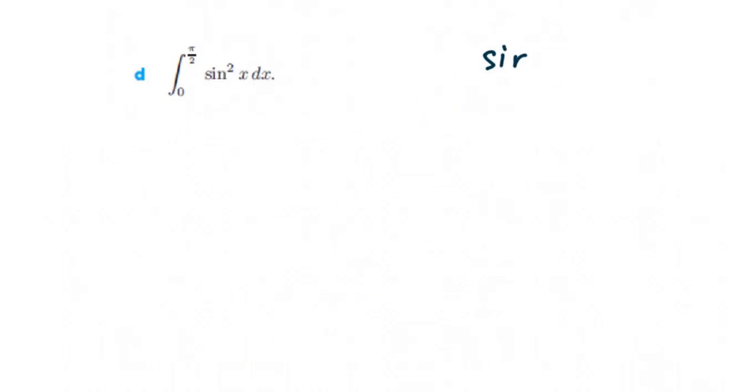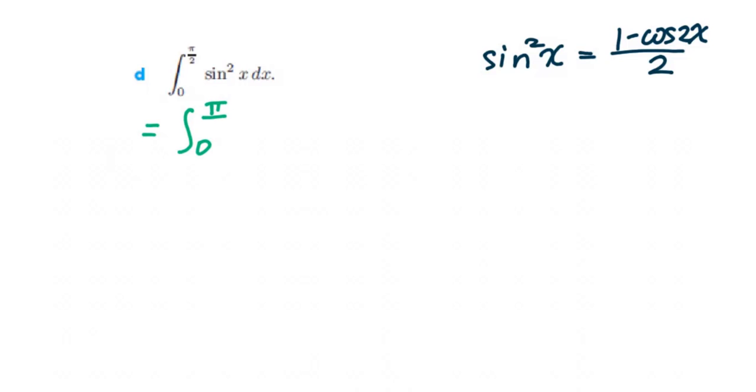For sine squared x, you have to use 1 minus cosine 2x over 2. So we get the integral from 0 to pi over 2 of 1/2 minus 1/2 cosine 2x dx.